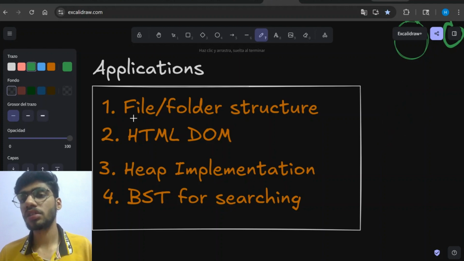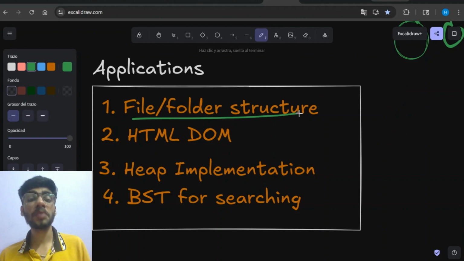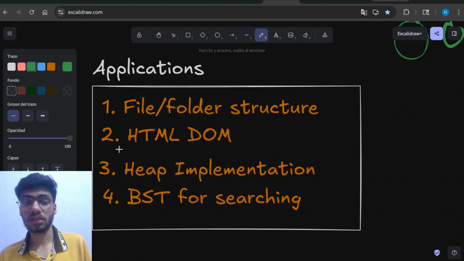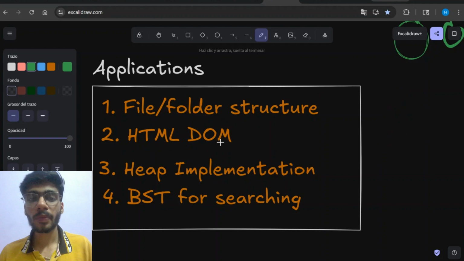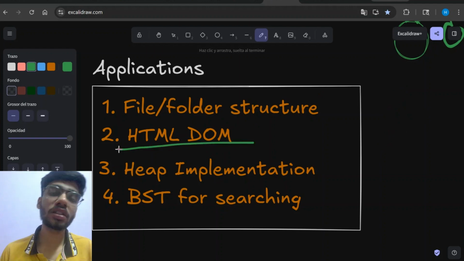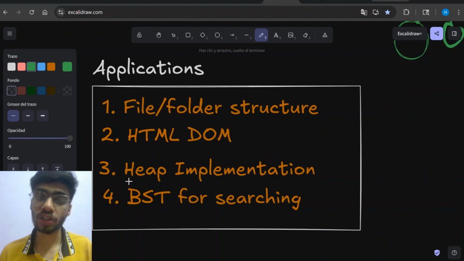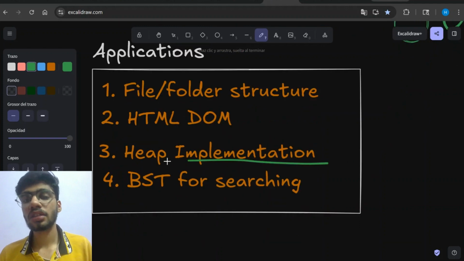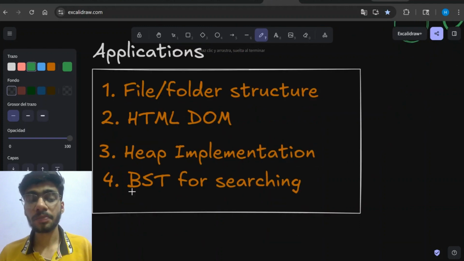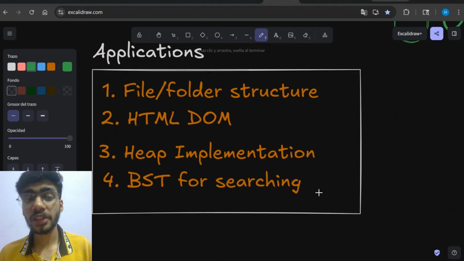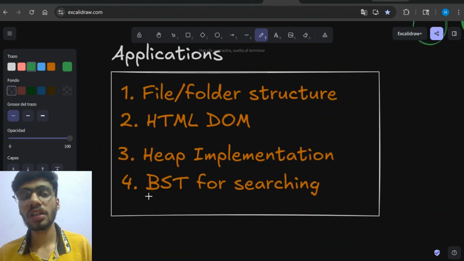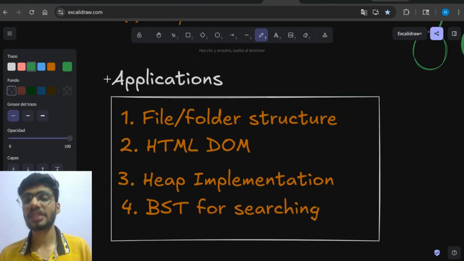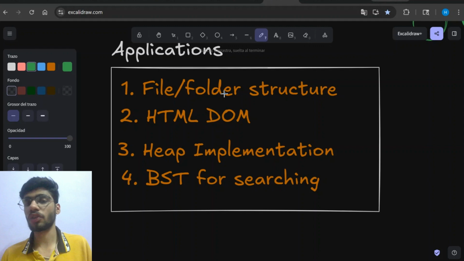This kind of structure is made using trees. The HTML DOM, document object model, uses this tree data structure for implementation. For heap implementation, we use CBT. The BST, binary search tree, is used for efficient searching. So these are some applications of tree. That's why we study trees.